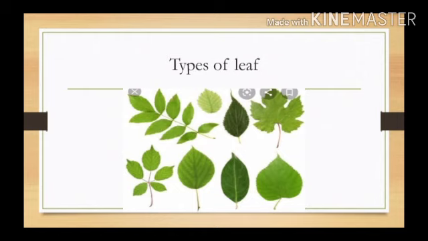Leaves of some plants have a single unbranched leaf blade and a single midrib. Such leaves are called simple leaves. However, the leaf blade of leaves in some plants is divided into many small parts called leaflets. Such leaves are called compound leaves. Simple leaf and compound leaf are the two main types of leaves.